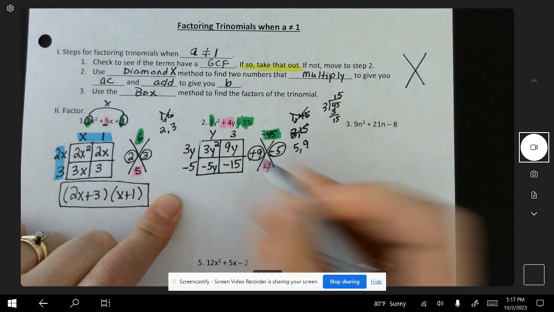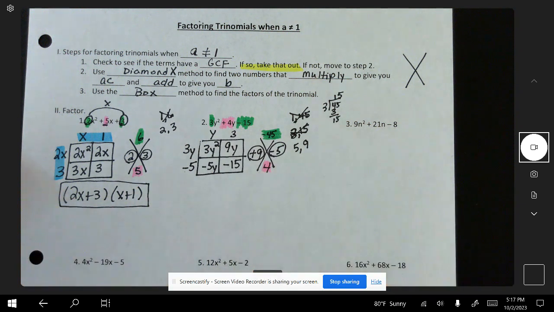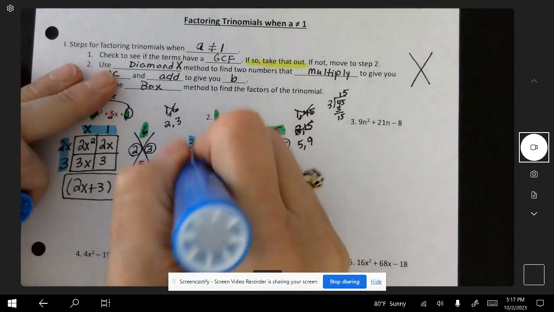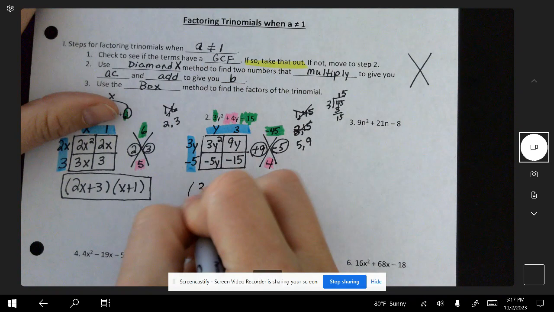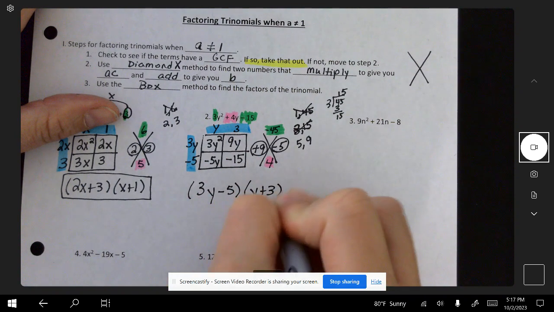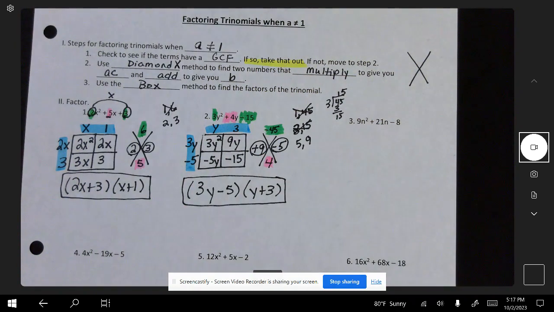That's negative 5. And 3 times negative 5 is a negative 15. So our two answers are here and here, the two factors. So we have 3y minus 5 and y plus 3. And that's the two answers that we get there.